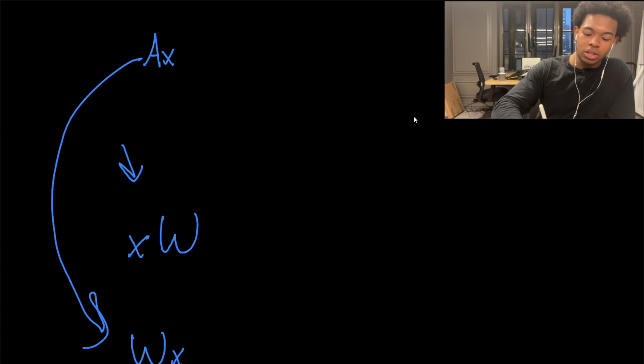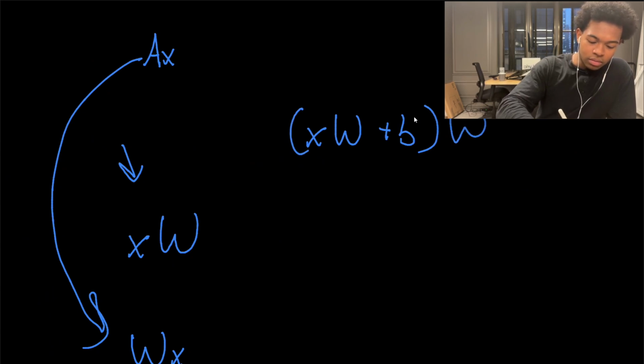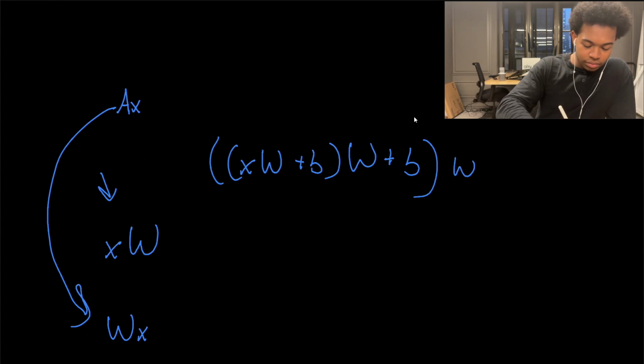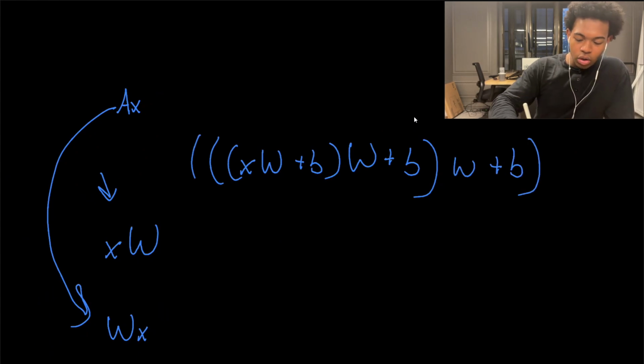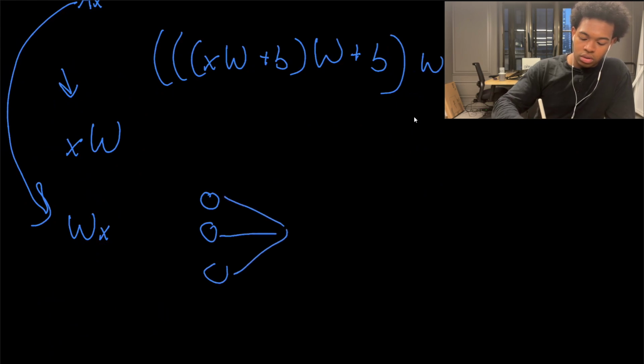But if you imagine a neural network that you read left to right, you do XW plus B. You know what I mean? And you sort of chain it out. When you're reading it, this would just be a one vector.